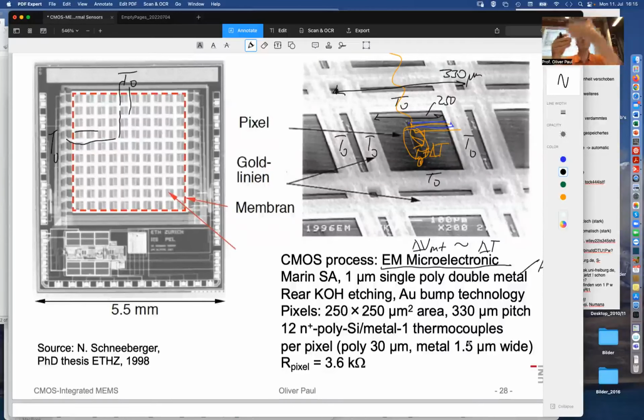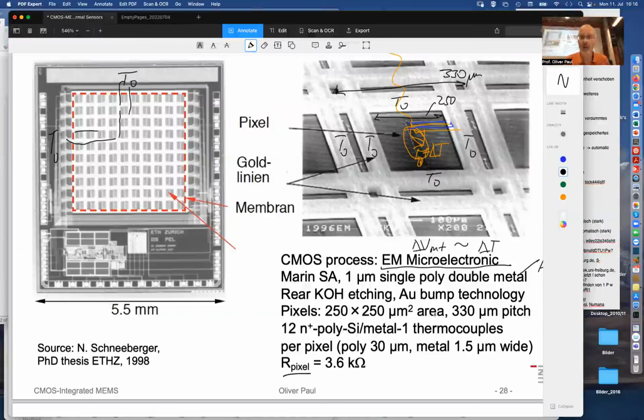And why then the polysilicon to make it large? Well, it's a resistive material, much more resistive than aluminum. So in order for this whole sensor to have a resistance, our pixel to be as small as possible, it's good to invest as much space for the polysilicon and little space for the aluminum.